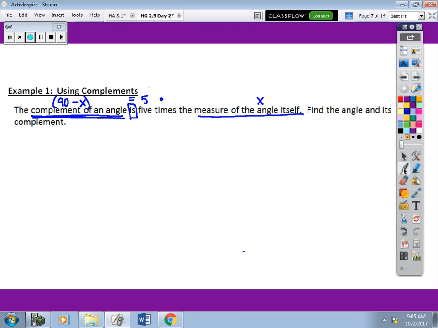Find the angle and its complement. So let's go ahead and make that flow a little bit nicer. We have 90 minus x equals 5x. Solve for x.